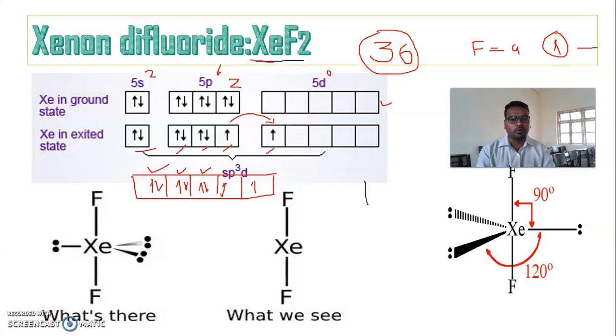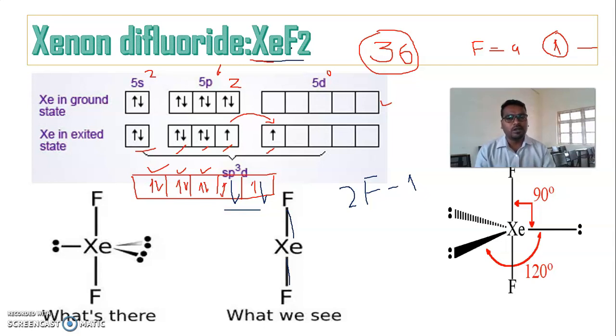Here there are two fluorine atoms and each fluorine possesses one unpaired electron. So these fluorine orbitals overlap with the hybrid orbitals of xenon to form two single Xe-F bonds. So this is how xenon difluoride forms.